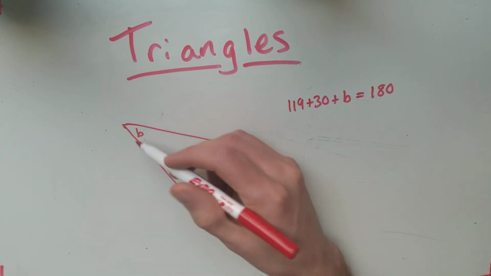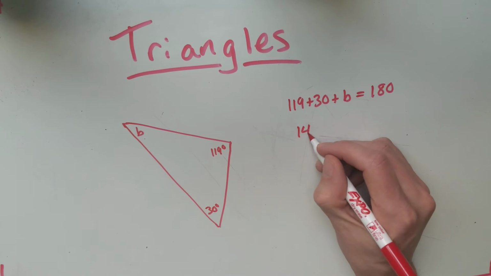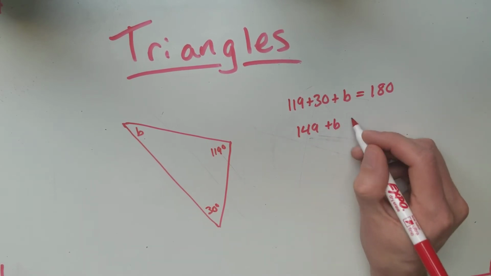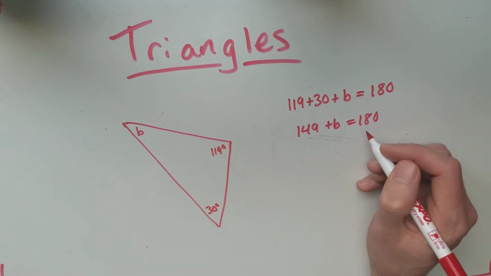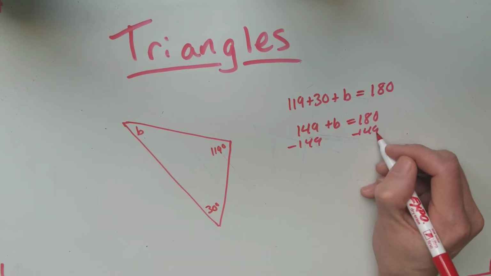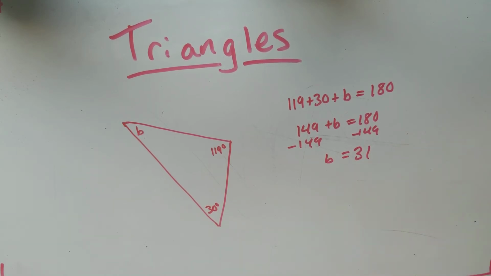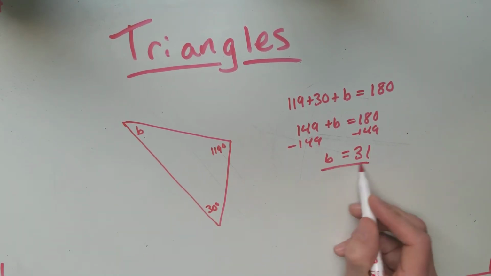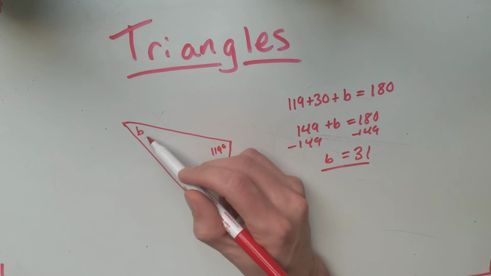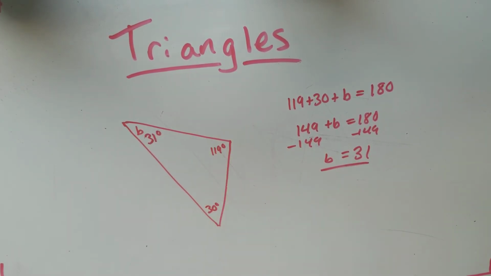The three angles have to add up to be 180. When you add together, we get 149 plus B equals 180. Just solving an equation, when you subtract 149, you should get B is 31. So our value for the variable is 31, and this angle was represented by B, so it would have a measurement of 31 degrees.